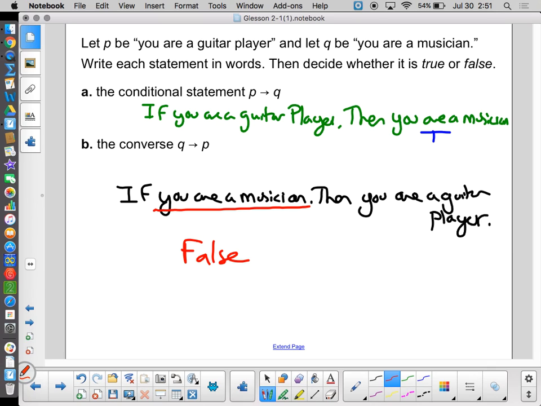So I could say Fred is a musician who plays trumpet. Okay? So there we are. A counterexample. It's false, and we have a reason why it's false. I couldn't just say John is not a musician. I don't want to contradict the hypothesis. I have to contradict the conclusion and agree with the hypothesis.